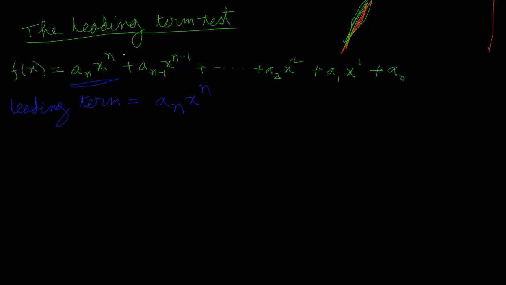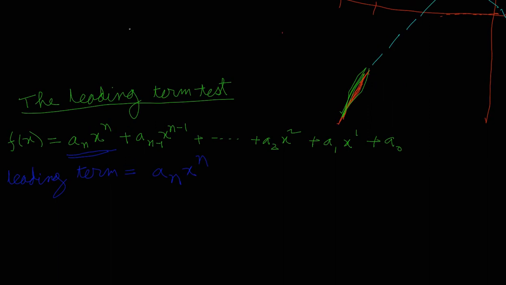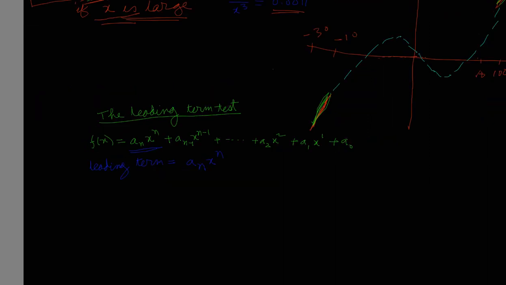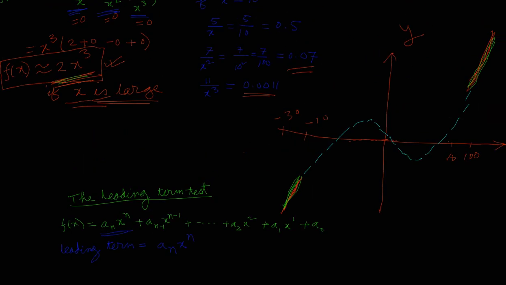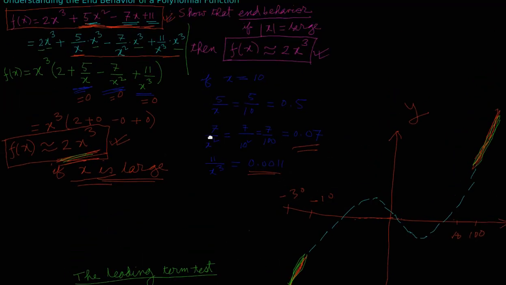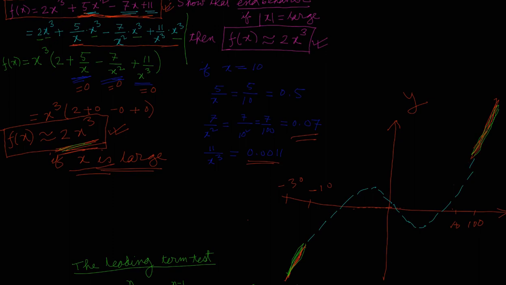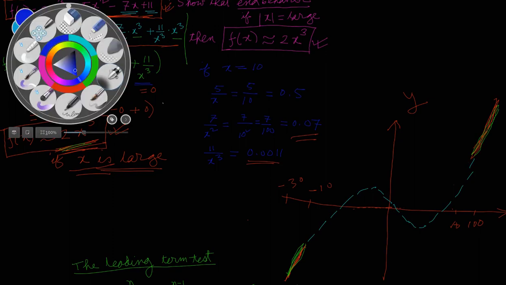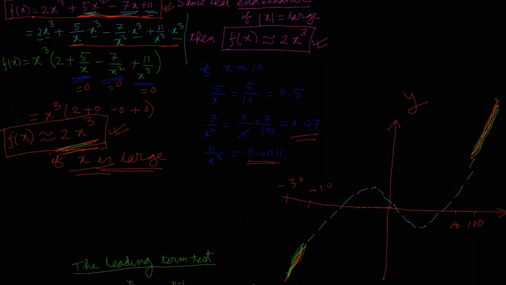We just saw a little while ago that the end behavior of a polynomial is determined by the leading term, 2x cube in this case.